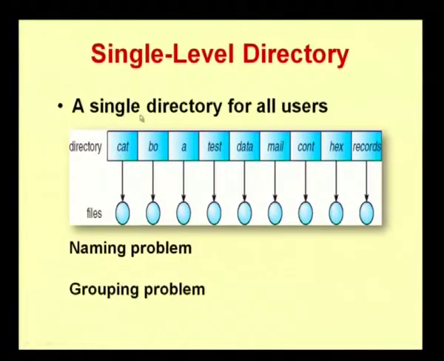So here, when you have a single level directory, you have a naming problem and a grouping problem, because you are going to have only one directory. Directory is considered as only one folder. So inside a single folder, two files cannot have the same names. If it has the same name, a duplicate entry will occur and it will prompt you to change the file name.